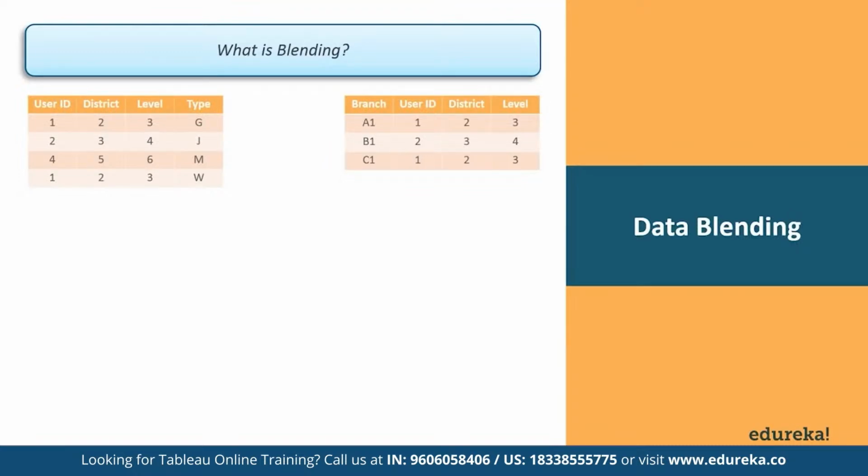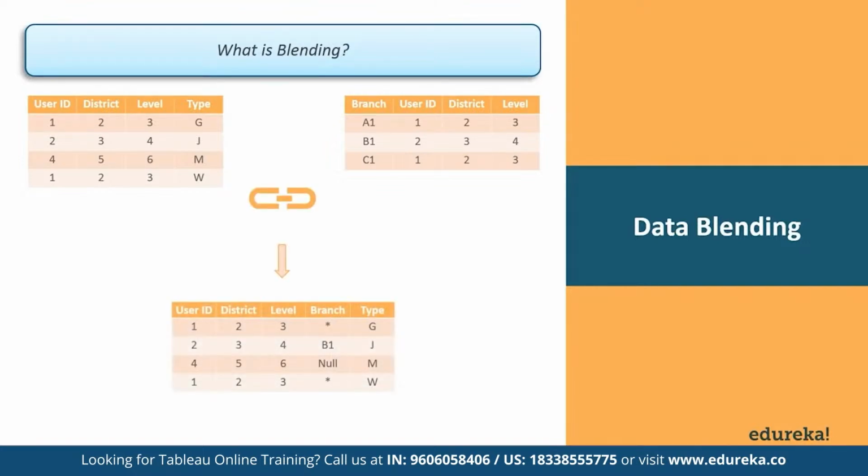If the linking fields are user ID on each table, blending your data takes all the data from the left table and supplements the left table with the data from the right table. The view uses all the rows from the primary data source, the left table, and the aggregated rows from the secondary data source, which is the right table, and it is done based on the dimension of the linking fields.